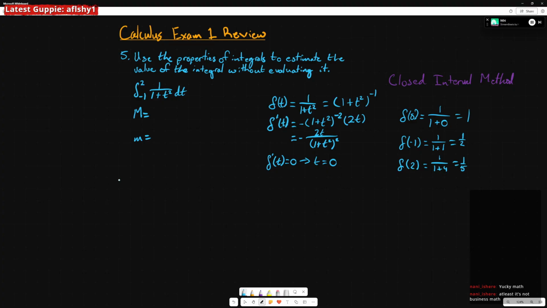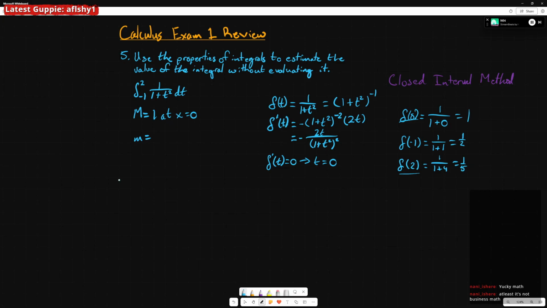And therefore, this is our minimum and then the max. Our max is 1 at x is equal to 0.